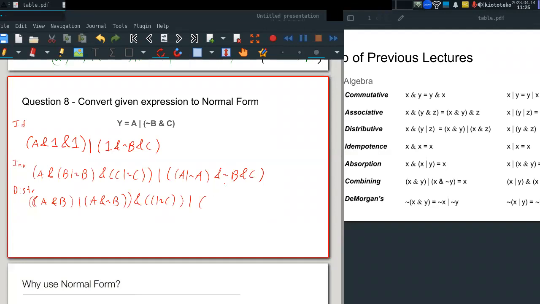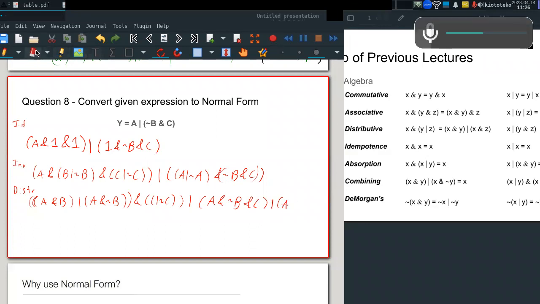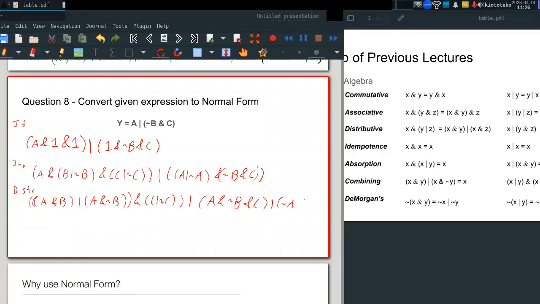How should we do it? Maybe let's put parentheses here and say A and not B and C, or A or not A, not A, and not B and not C.